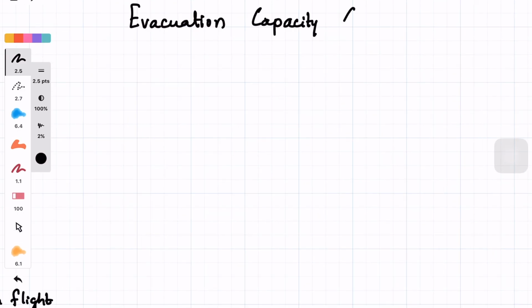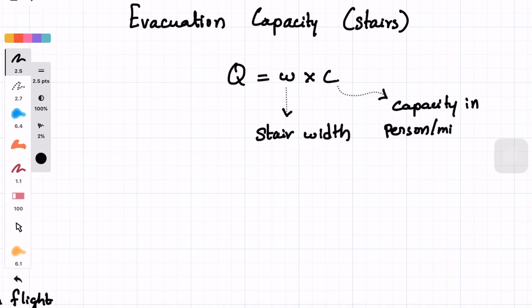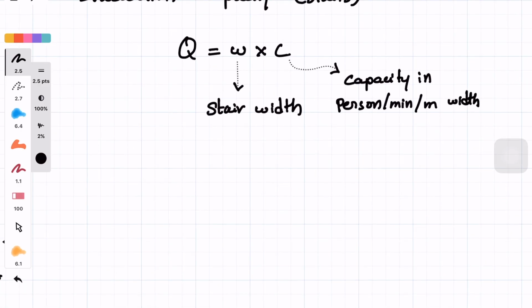Okay. If we are working out the evacuation capacity, then it is given by the relation Q. Q is the evacuation capacity. Q equals W into C, where W is the stair width and C is the capacity in persons per minute per meter width. When we talk about evacuation, the capacity approximately becomes 45 persons per minute per meter.